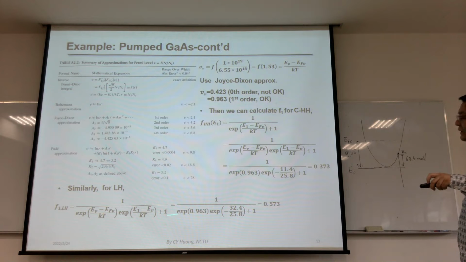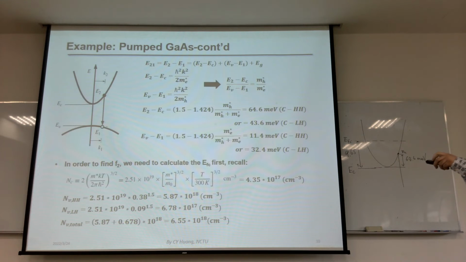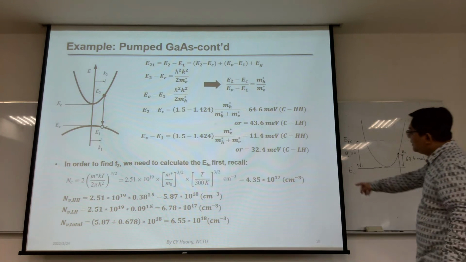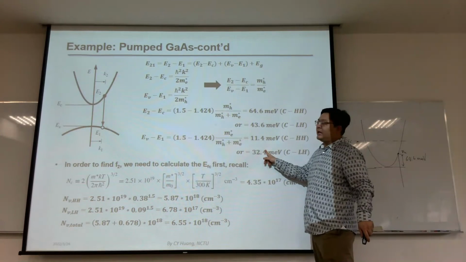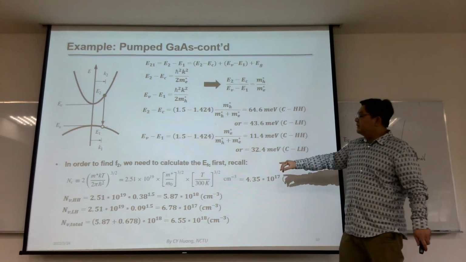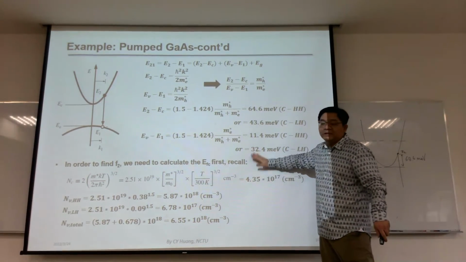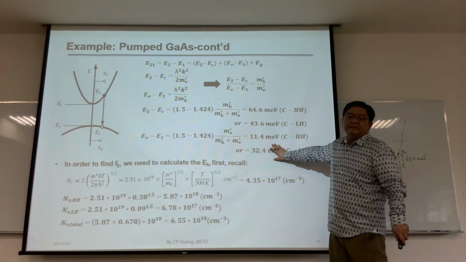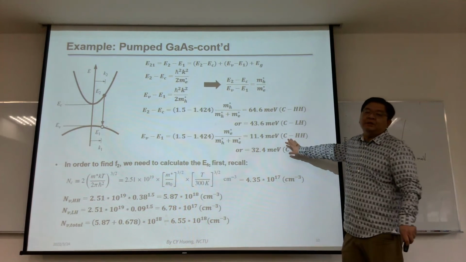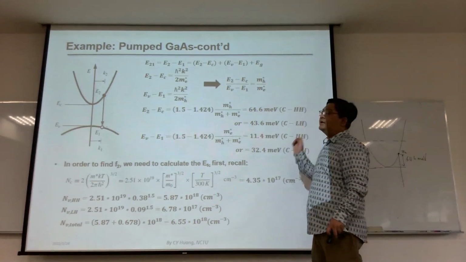And for the light hole, it is 0.573. Because we already see that the valence band is deeper for the light holes. So since the corresponding energy is lower for the CLH transition, its population F1 will definitely be higher.